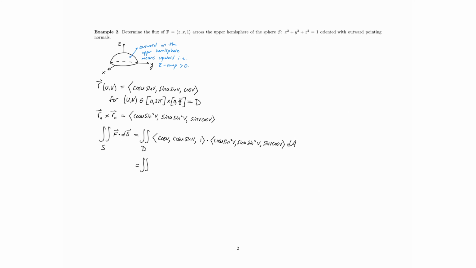So I'll continue to write this generically over the domain D, and I will go ahead and do the dot product. So we'll obtain cosine u sine squared v cosine v plus sine u cosine u sine cubed v plus sine v cosine v dA.